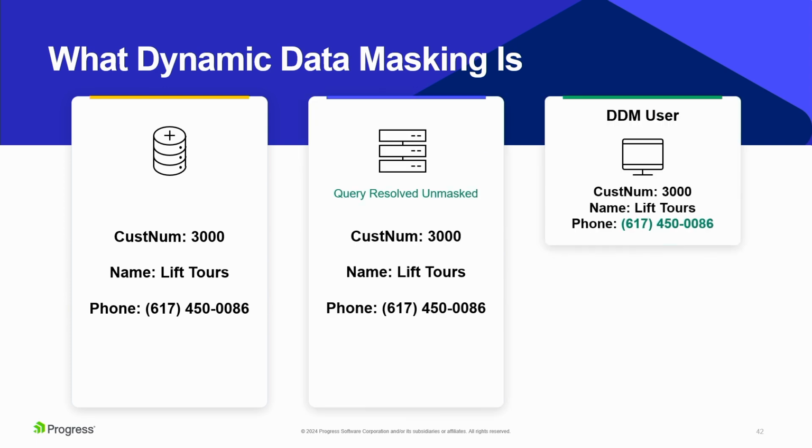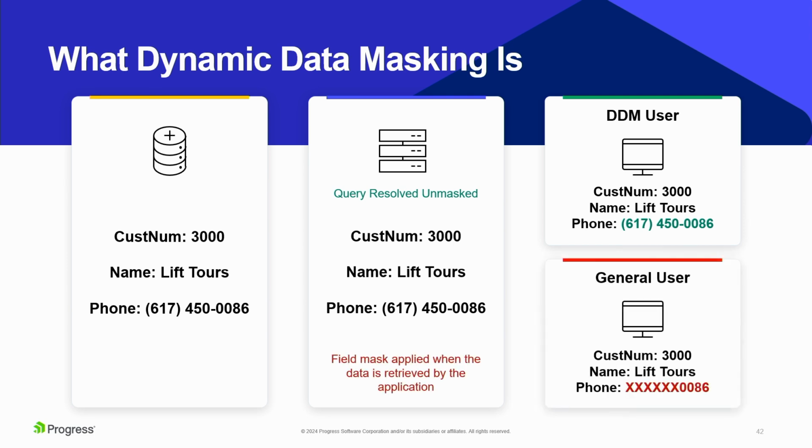So you have a situation where that HR manager needs to be able to see that sensitive information. They run a query, that query is resolved, and the information is returned from that internal memory buffer, all of it, unmasked.